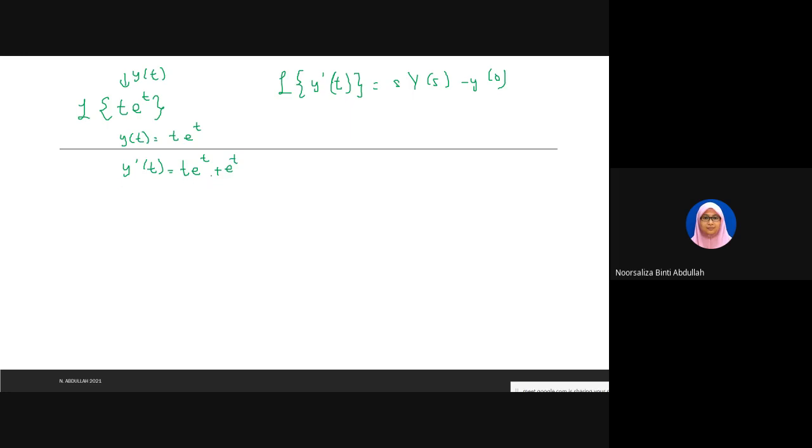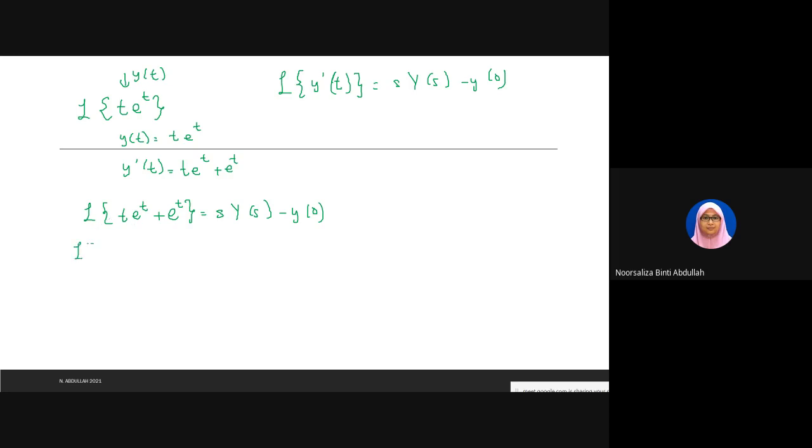Okay. So you guna yang ini. It will be Laplace of t e^t plus e^t sama juga dengan s Y S minus y kosong. Okay. So this one we can find the Laplace for each of the signals.